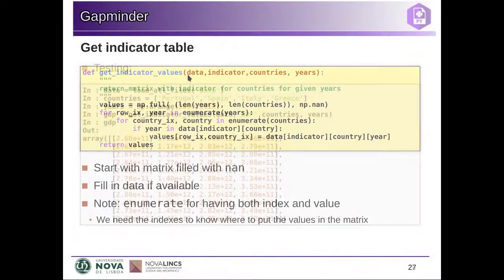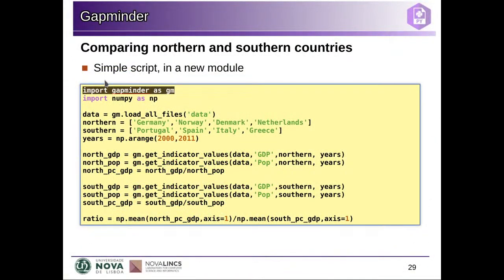And now we can use our module that we created as a toolbox to help us process the Gapminder data. We're also going to load Numpy to be able to use these methods from Numpy. And now we're going to use from our Gapminder module the load all files function that we created.